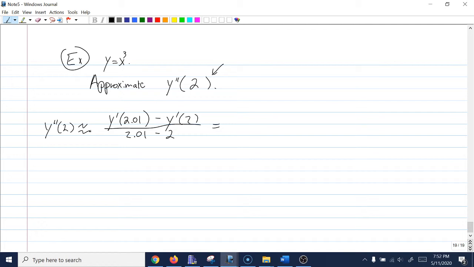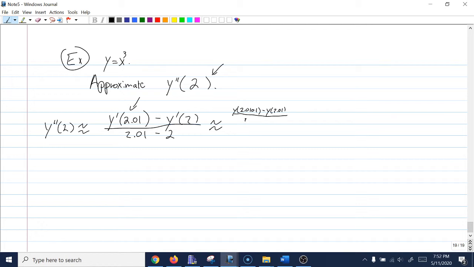Well, now how would I approximate each of those things? Each is also a derivative. How do I approximate y prime of 2.01? I need to pick a number very close to 2.01. Let's say maybe 2.0101, minus y of 2.01.